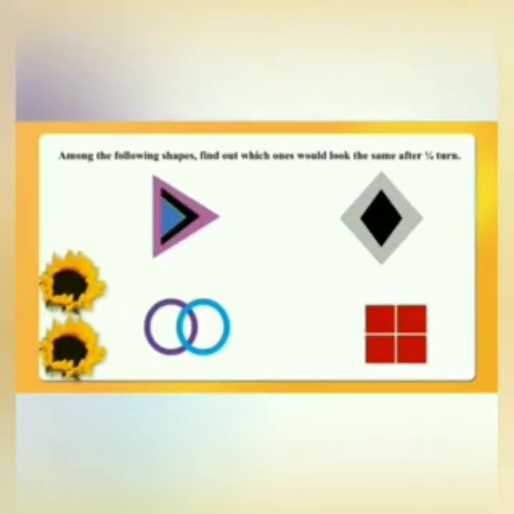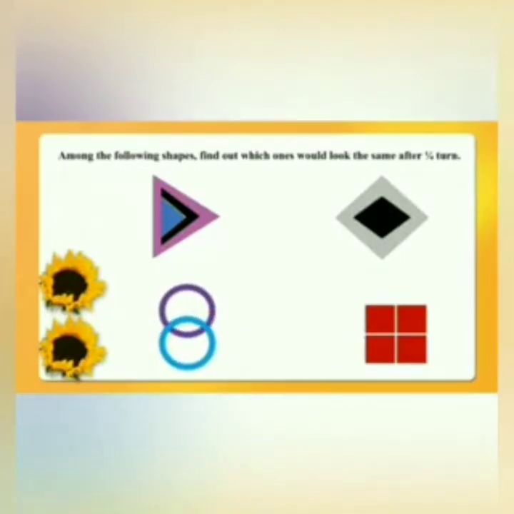This figure. The second one we move 1/4 turn. Then the third one, then the fourth one, we also made 1/4 turn. Do these figures look the same after 1/4 turn or not?